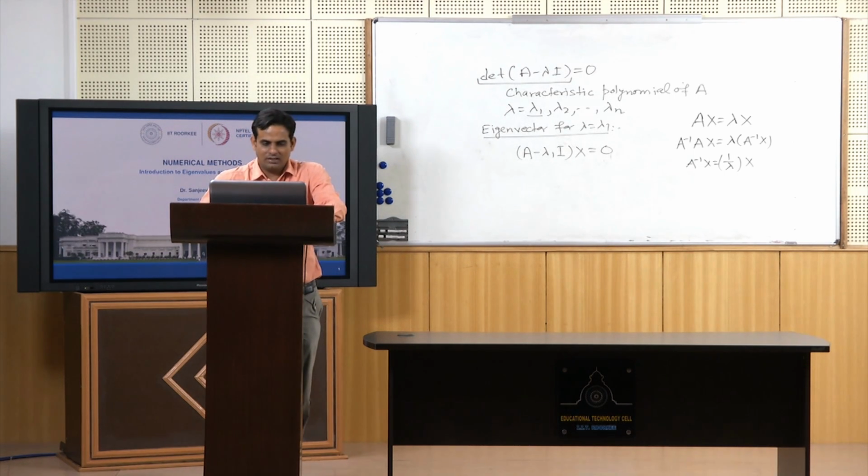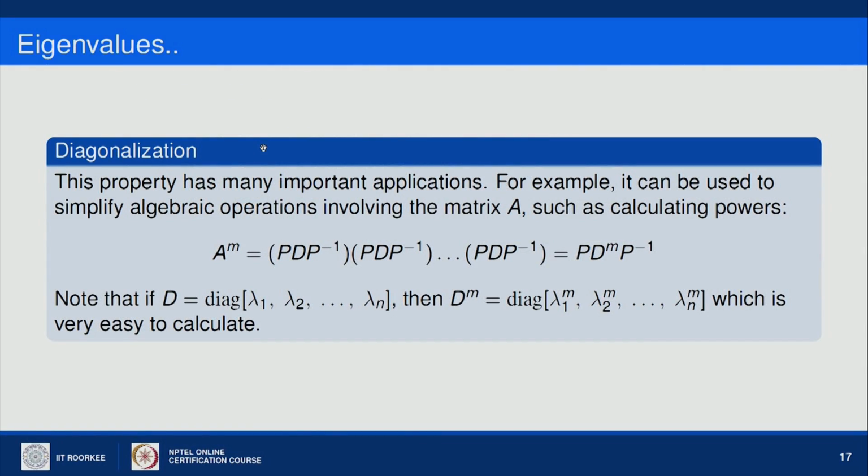Moreover, we can use this property in many other ways, like when you need to find A raised to power m. This means P D P inverse, P D P inverse, m times, which comes out to be P into D raised to power m into P inverse, where D is a diagonal matrix.